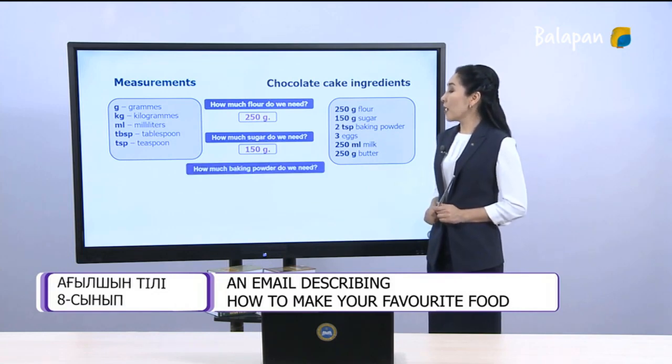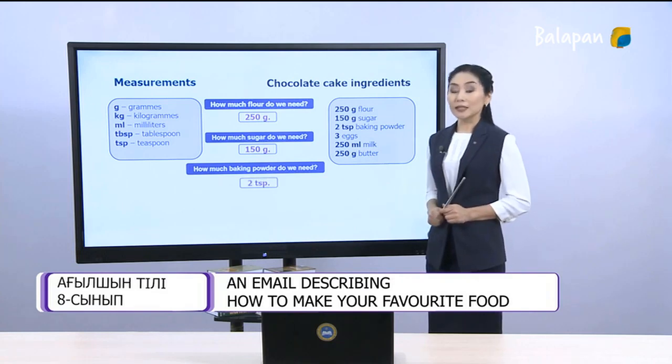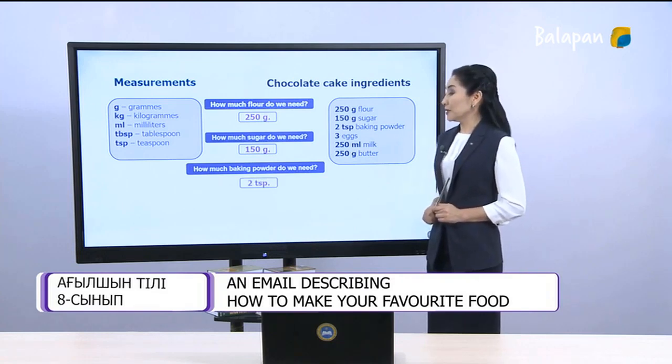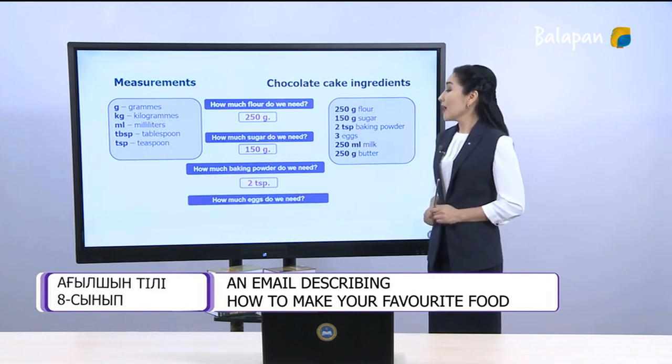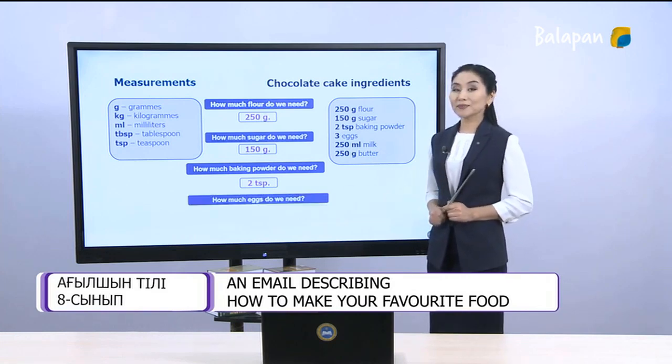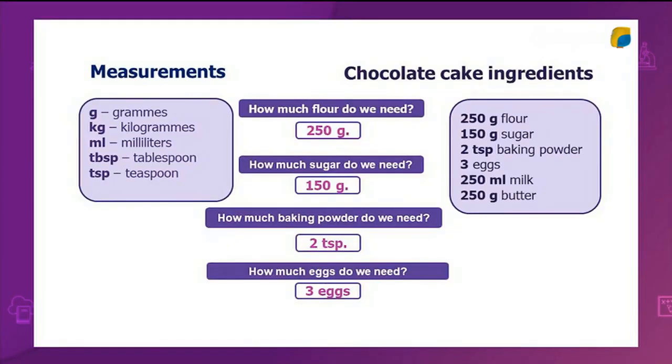How much baking powder do we need? We need 2 teaspoons. Brilliant. How much eggs do we need? 3 eggs. Try to ask and answer too.